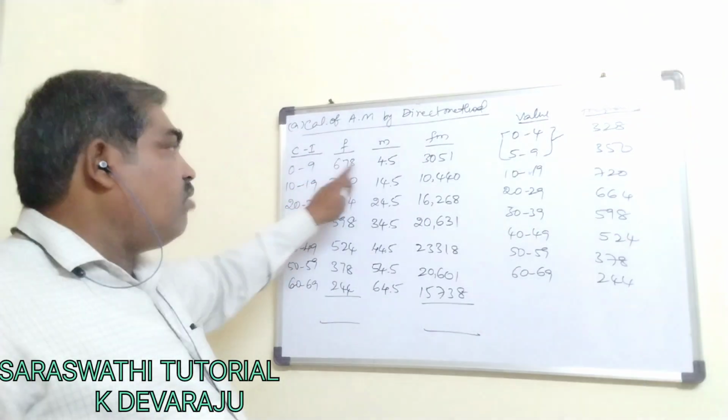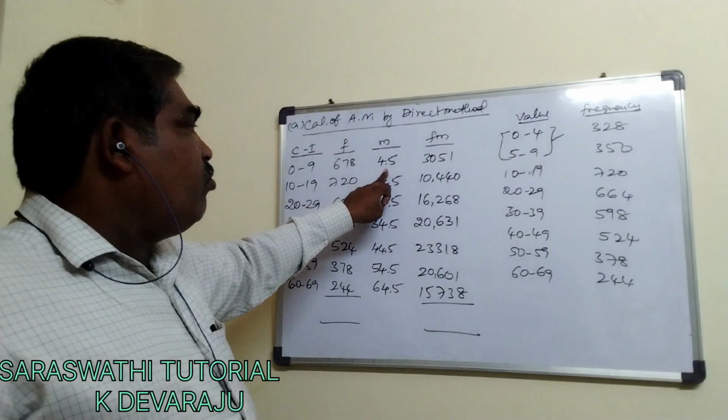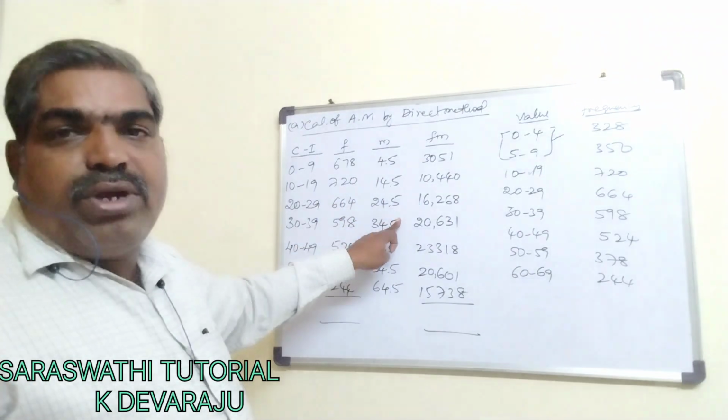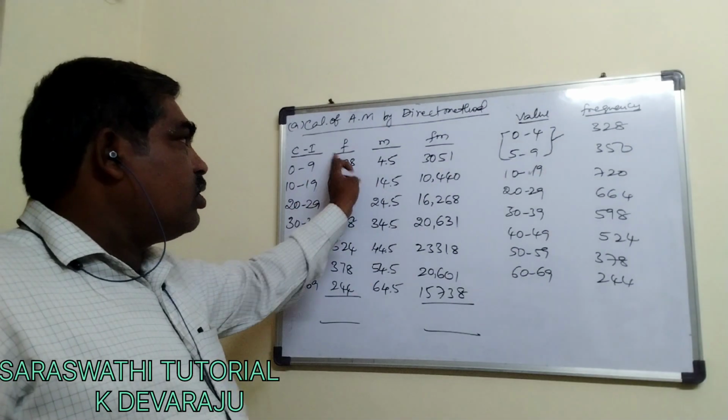First we have to calculate f into m: 678 into 4.5, 720 into 14.5, 664 into 24.5, like that we have to calculate all the multiplications of f into m.